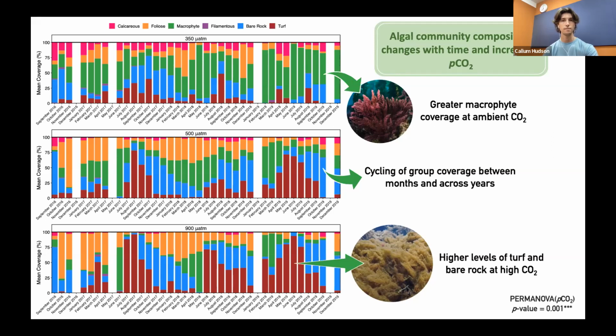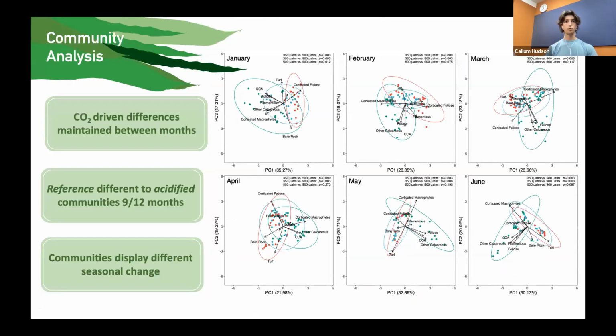And when we performed pairwise comparisons of these community compositions at different CO2 levels within each individual month, we confirmed that the differences in composition were still significant and maintained within and between those months.